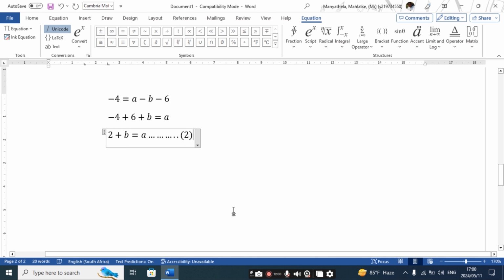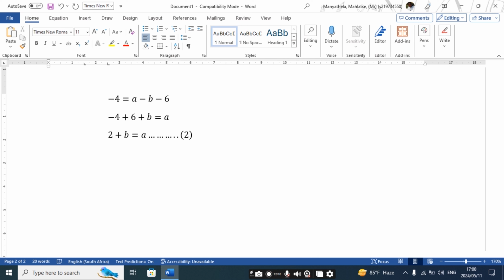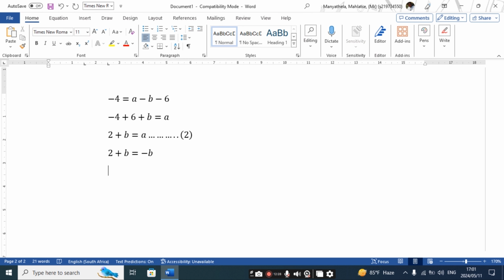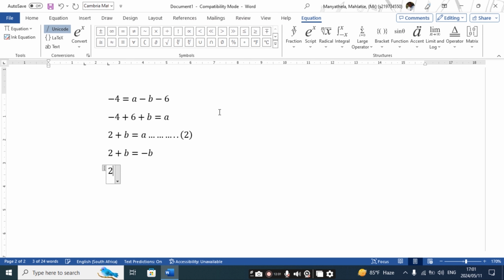Now I had a equal to minus b. Now I'm having 2 plus b equal to a, meaning that I can equate them. 2 plus b equals minus b, because they are both equal to a. And then I will take positive b across.